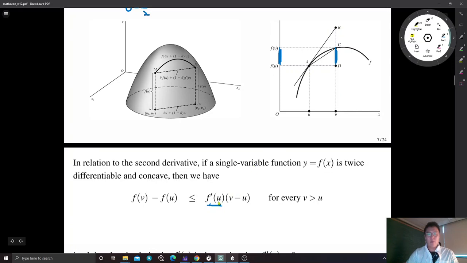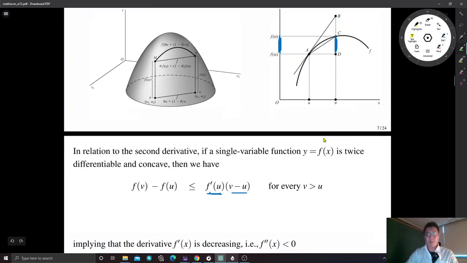And then we multiply by v minus u. v minus u is a change in x. So if we multiply the slope of the tangent line by the change in x, we obtain the change in y on that interval. So that is going to be line segment BD.